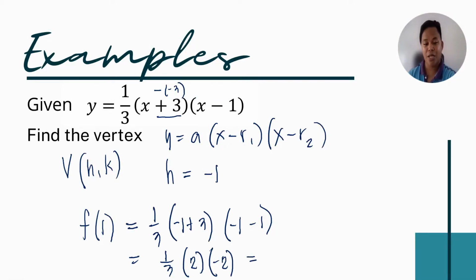Then we have 1/3 times 2 times negative 2 is equal to negative 4/3. Therefore, the vertex of this function is at (negative 1, negative 4/3).